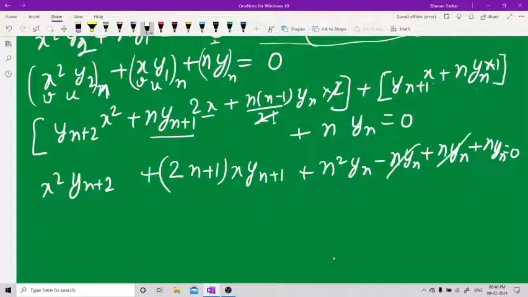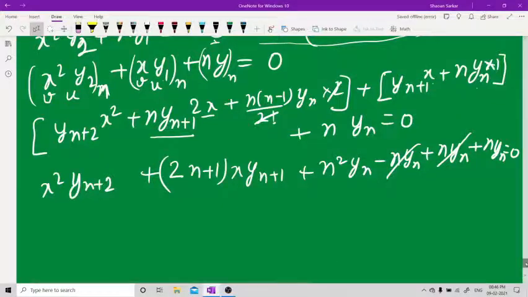One of this cancels out with this. So you are left with, wait a minute, n into n minus 1, the nth derivative. Wait, I did a mistake somewhere.